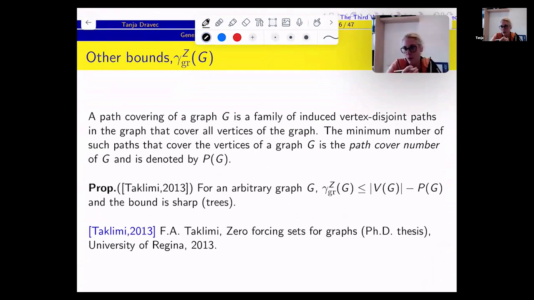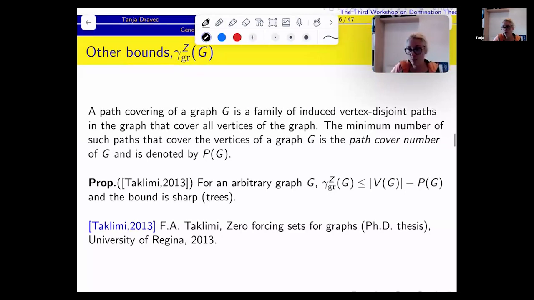Also for the Z-Grundy domination number, there is an upper bound with another well-known graph invariant, which is the path cover number. The path cover number is the smallest number of vertex disjoint paths that cover all vertices of a graph. The Z-Grundy domination number is bounded above by the order minus the path cover number. Again, the bound is sharp, achieved in trees.